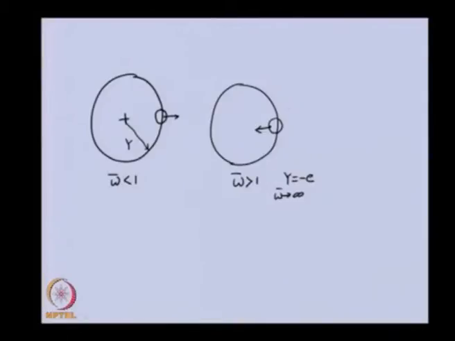In this case, the rotor has the center of rotation here, the center of gravity here, and this is the eccentricity. C is the displacement of the rotor.